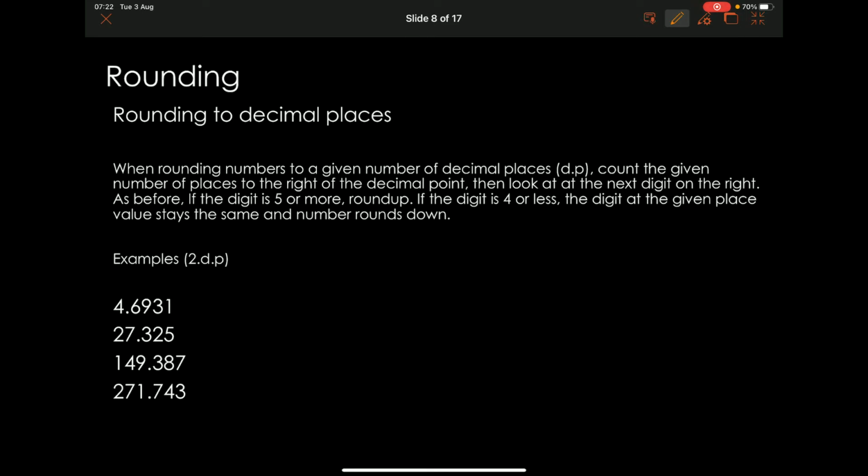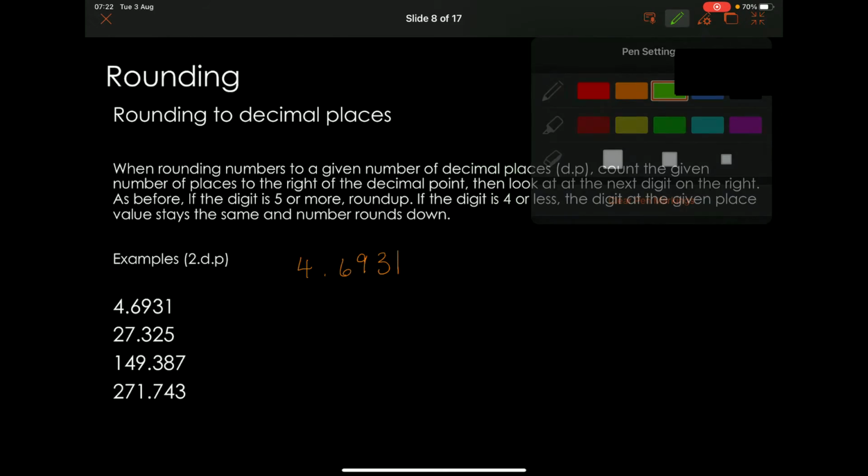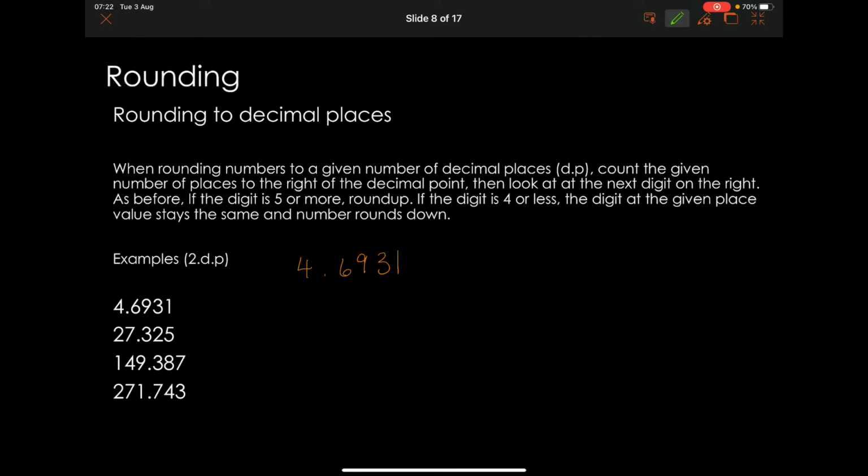Okay, if you've had a go at those, let's have a look at rounding these to 2 decimal places now. We've got 4.6931. So it's the same concept, but this time you're counting 2 numbers after the decimal point, because it's 2 decimal places. So it's actually this number that's going to be rounded or not.